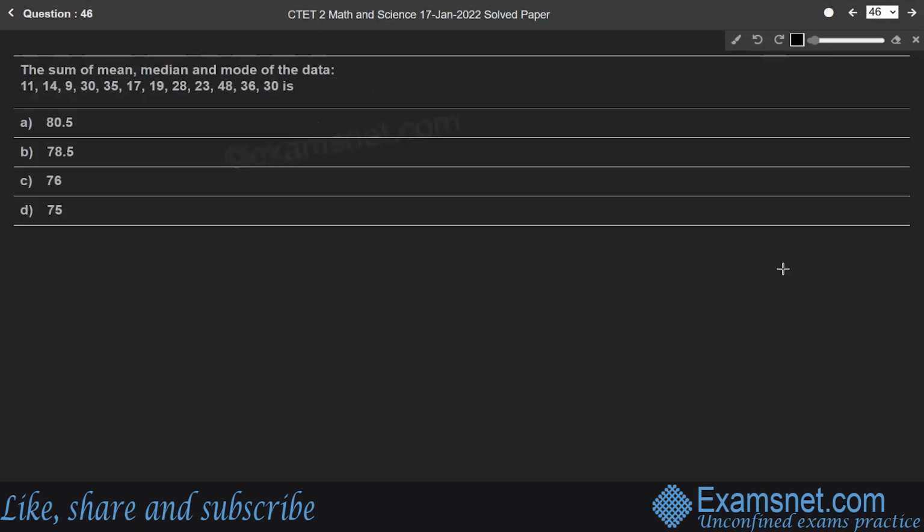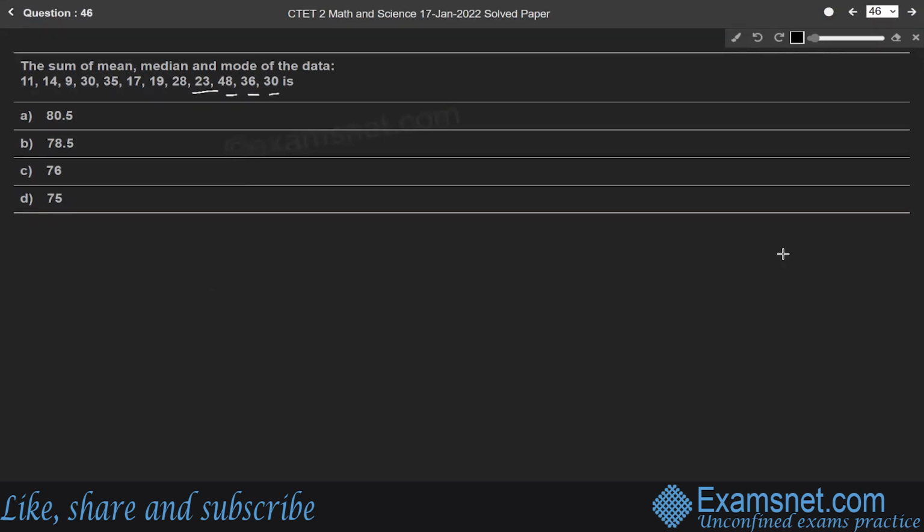Question 46. The sum of mean, median and mode of the data 11, 14, 9, 30, 35, 17, 19, 28, 23, 48, 36, 30 is. So let us write the given data in ascending order.